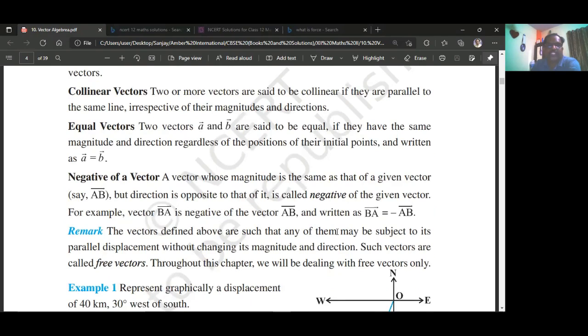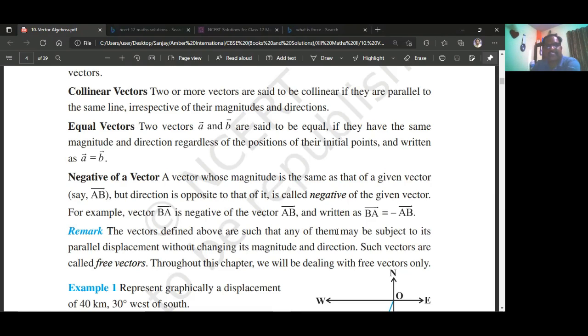Now the negative of a vector, it's also an important concept. A vector whose magnitude is the same as that of the given vector, say AB bar, but whose direction is opposite to that vector, is known as the negative of the given vector. If AB bar is a given vector and its direction is from A to B, then for the vector BA bar, B is its initial point and A is the terminal point.